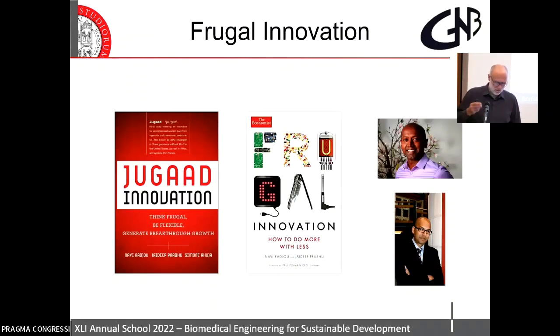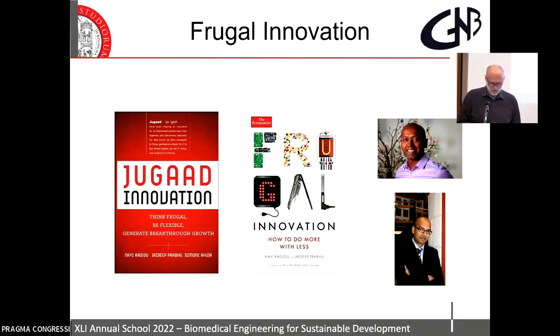So probably also along this line of thinking, books a bit less philosophical and more oriented to design and to business were published. The first one was Jugaad Innovation. Jugaad is a Hindi word meaning clever solution to fix problems, something like this.